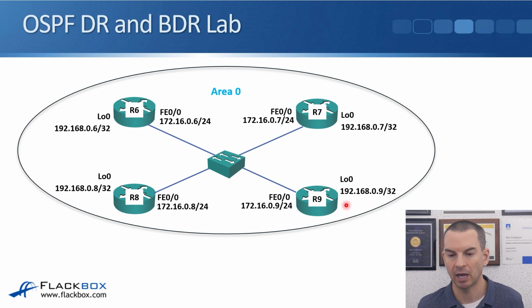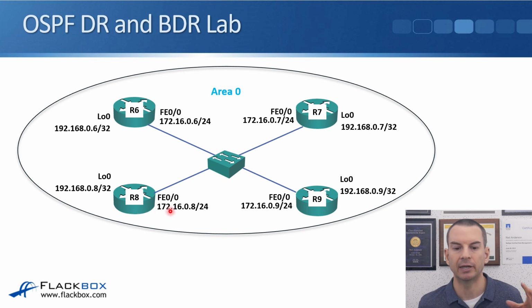So R9 has got 192.168.0.9, that's the highest address. The second highest is R8 with .8, and then we've got R7 and R6. So R9 is going to be elected as the DR, and R8 is going to be elected as the BDR.